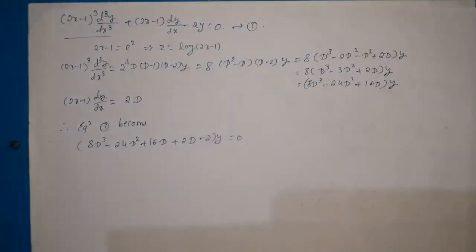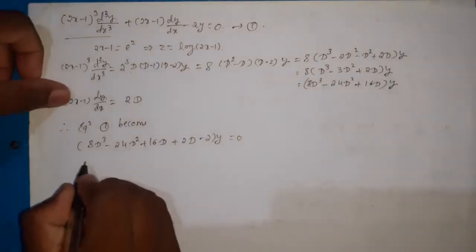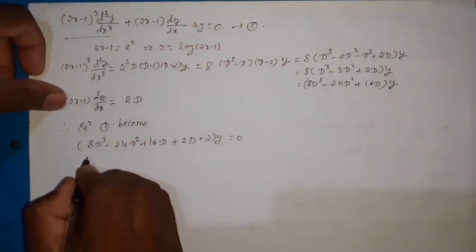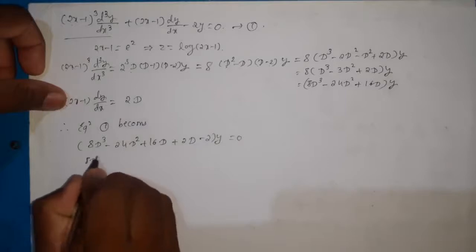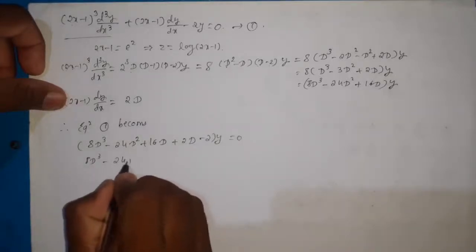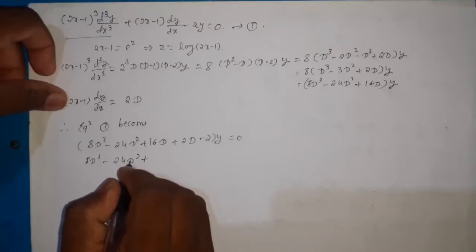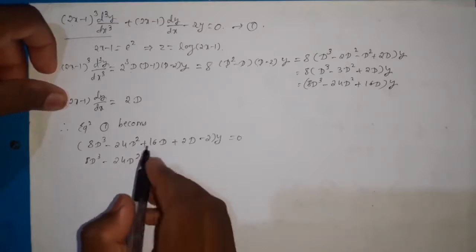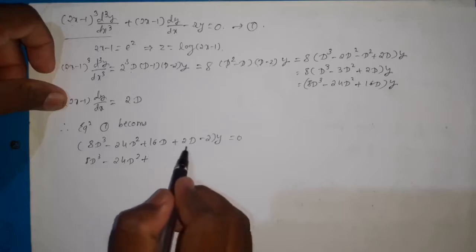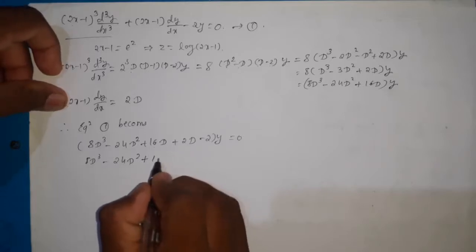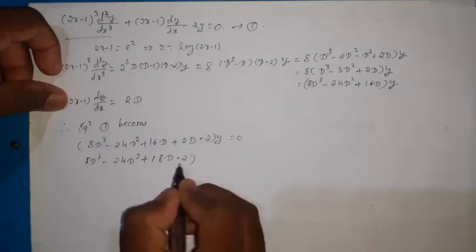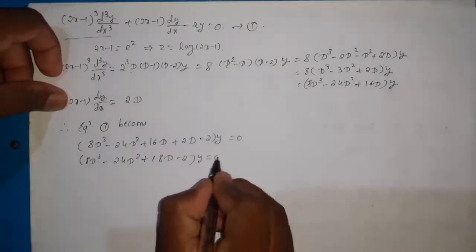So here I have written that y in common, then this is equal to 8D cube minus 24D square plus 16 plus 2, that is 18D, minus 2, into y equal to 0.